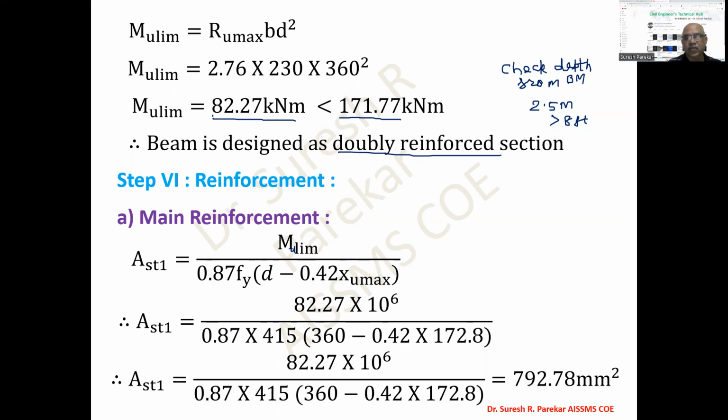This is 0.42 into Xu max, because whenever we design, we have to go for a balanced section, and we have this value 0.48 into d, and d we have 360, and from this we got the value 172.8.